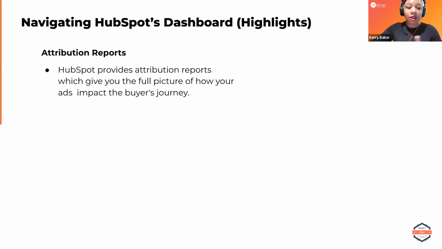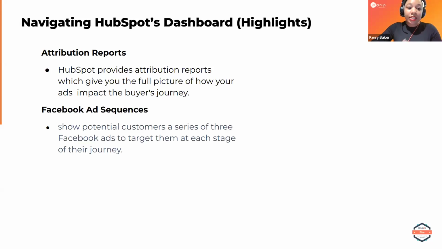I'm going to spend some time showing you that. The next thing is Facebook ad sequences. Anyone that was with us last time will know that HubSpot offers these. I'm not going to spend a lot of time on that today, but I wanted to remind you that it is available because it is super useful.